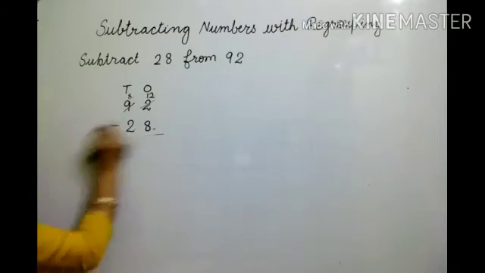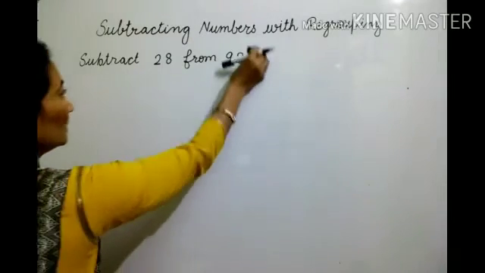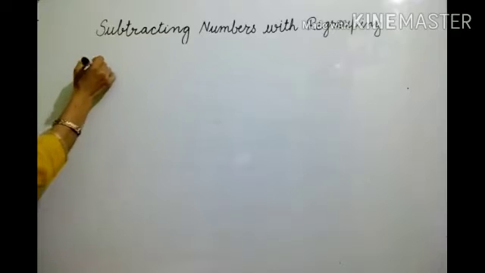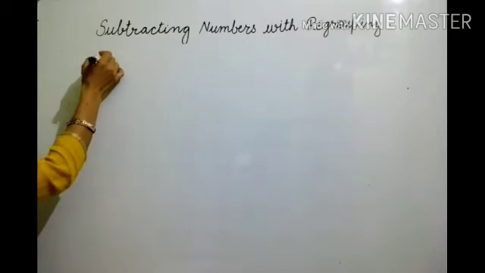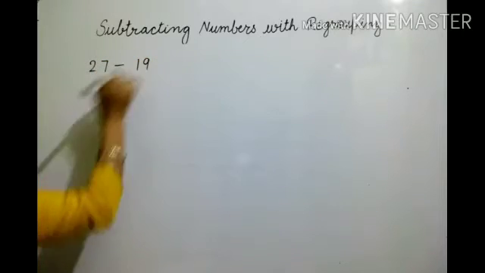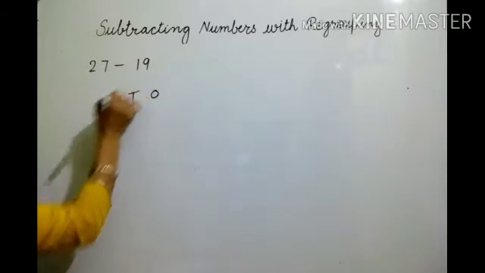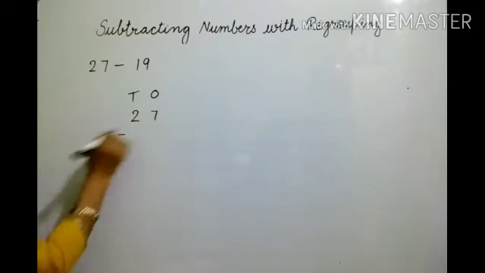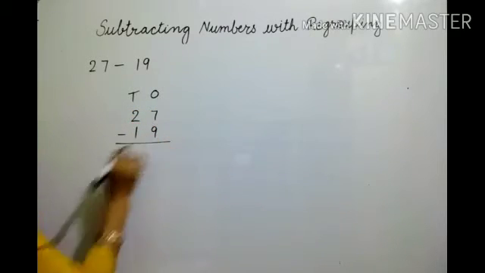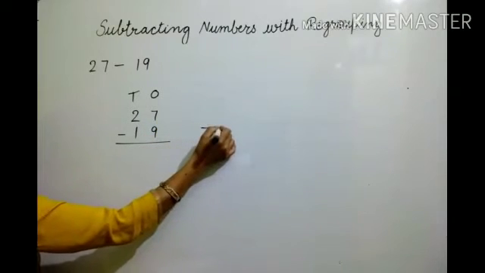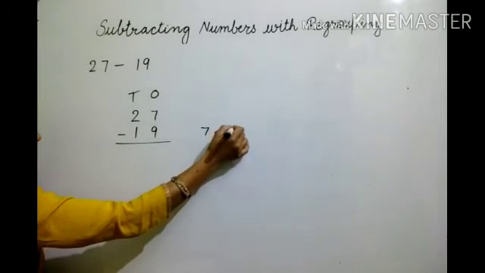Let's take one more example: 27 minus 19. First we arrange the numbers. 7 minus 9 we cannot do because 7 is smaller than 9.